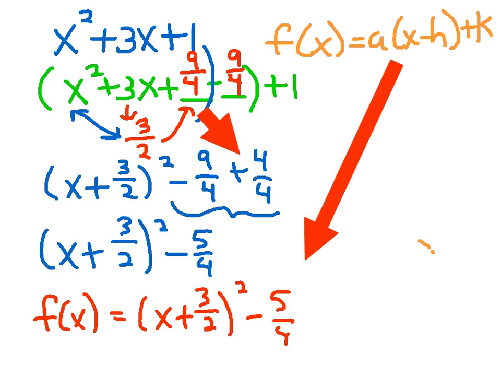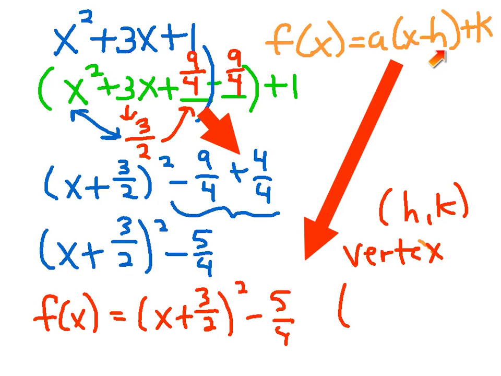We know that the vertex is made up of the h and the k from that formula above. So now I know that my vertex point is, I have my parentheses because it's an ordered pair, it's a point. It's a plus 3 over 2, do you see that here? But in my formula up top, it's a minus h.